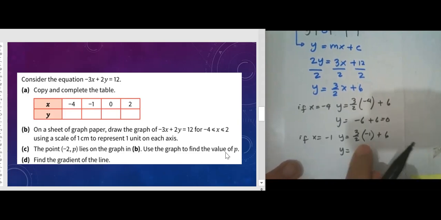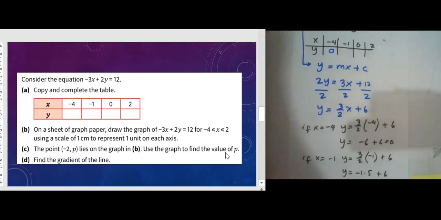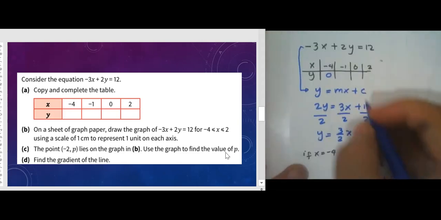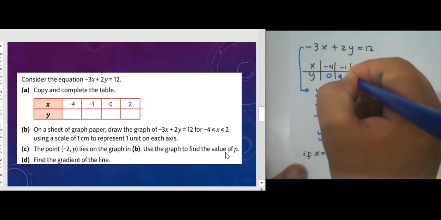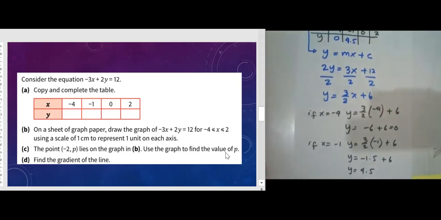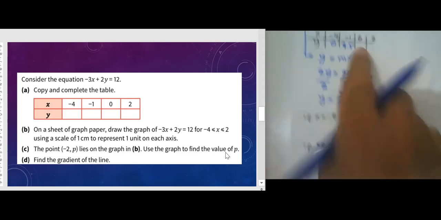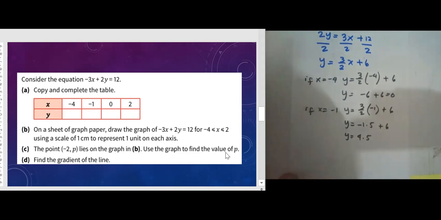So this is now negative 3 over 2 or negative 1.5, right? Negative 1.5 plus 6 will give you 4.5. So now let's put it there. If x is negative 1, y is 4.5 or 9 over 2.